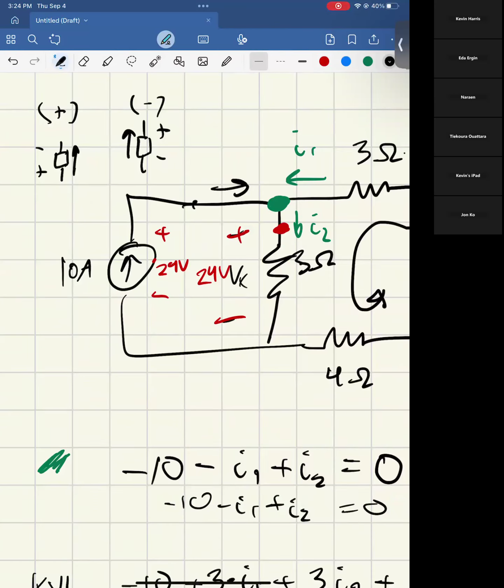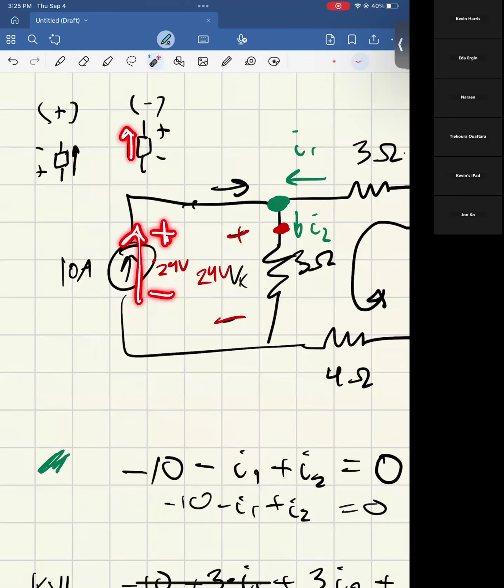So here, the current source, I personally think of a current source as it just tells you what direction the current is going. So here we have a current source pointing up with 10 amps. So that means the current is going that way. And then if we look at the polarity of this voltage, the voltage is rising with the direction of current, right?